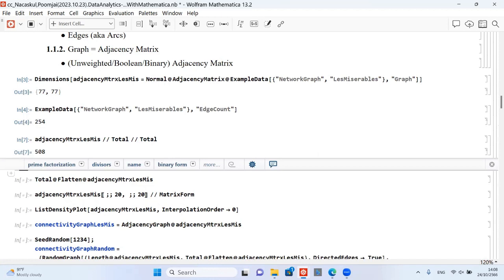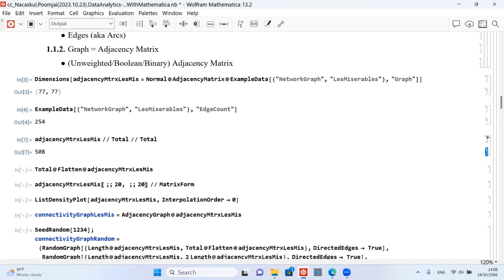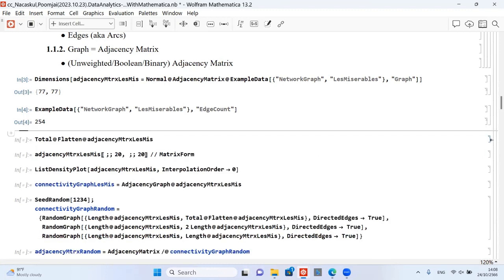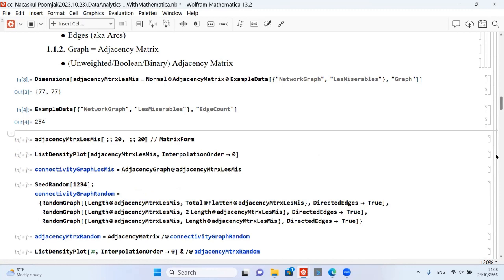How come I don't get the same number? Because it double counts the edges, so divide by 2. You divide this by 2, you get that, obviously. The reason that sometimes they list this edge count separately is that it's a bit tricky between connected and not connected.